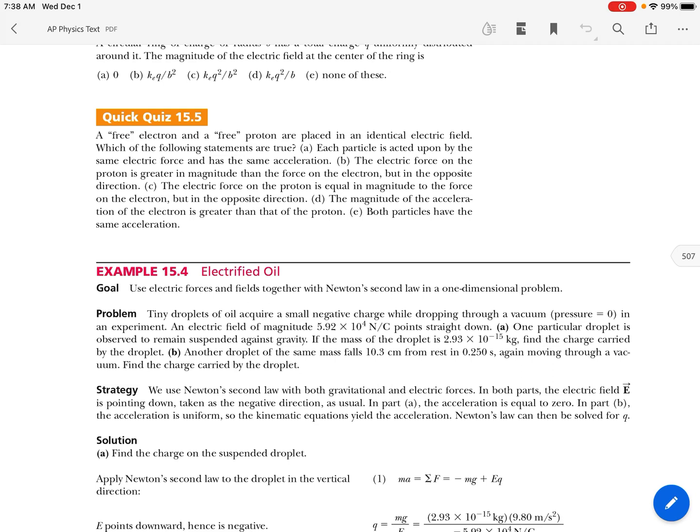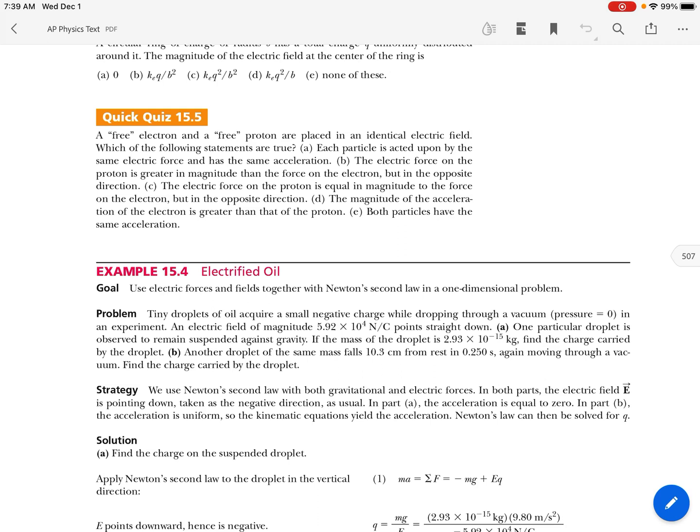C. The electric force on the proton is equal in magnitude to the force on the electron, but in the opposite direction. D. The magnitude of the acceleration of the electron is greater than that of the proton. E. Both particles have the same acceleration. Well, the answer is going to be C and D.